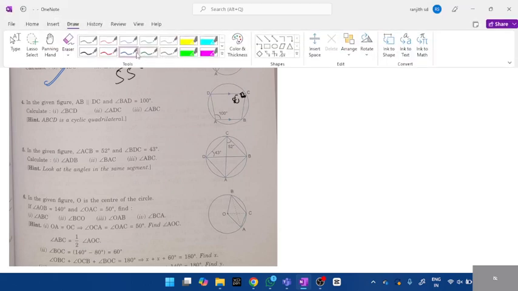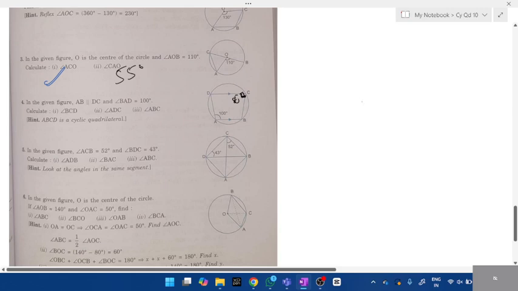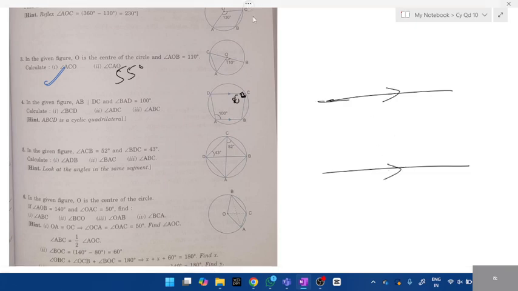Okay, look here. I'll explain this parallel. See, if these two lines are parallel, students, remember this. Top and bottom.